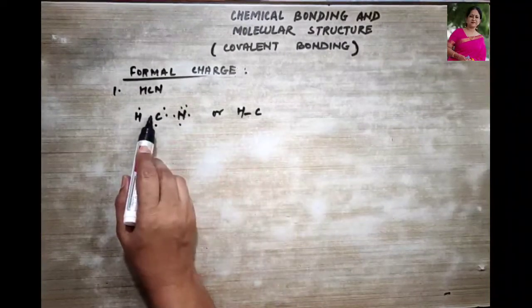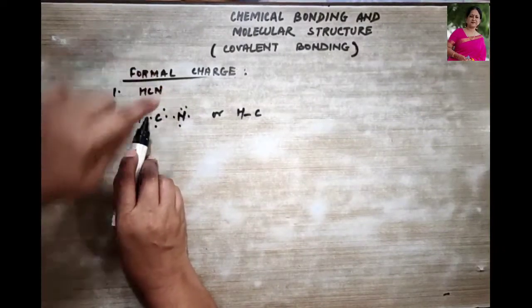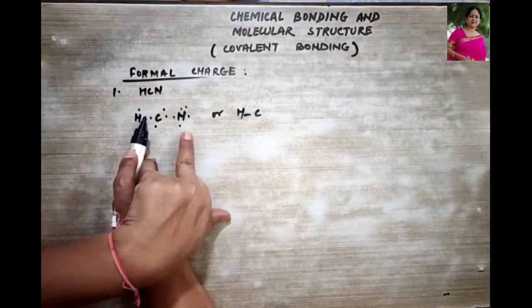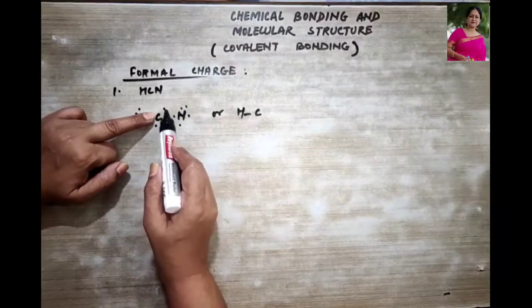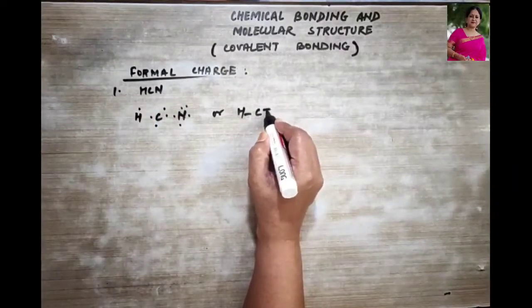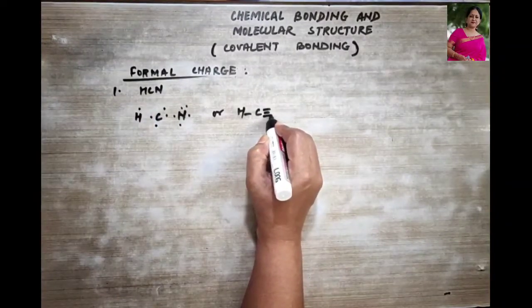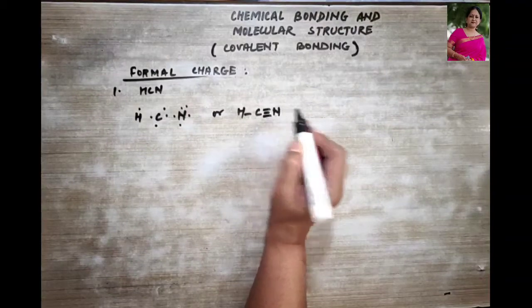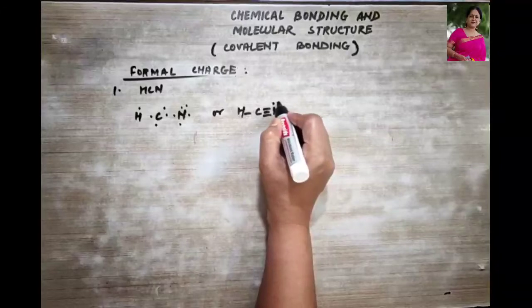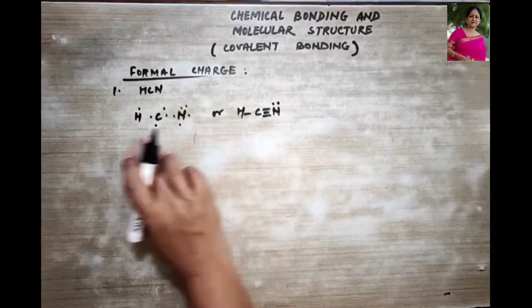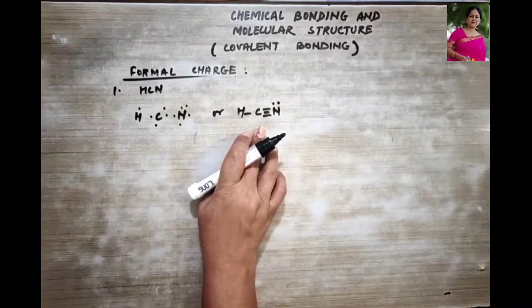Correct? This single bond, and nitrogen requires 3 electrons, and 3 electrons are vacant over here. So carbon will attach itself with how many? 3, and the lone pair is found over here. So this structure can be written like this also.